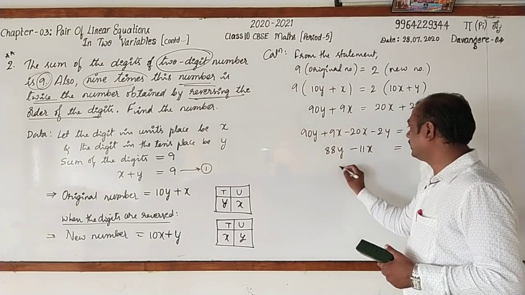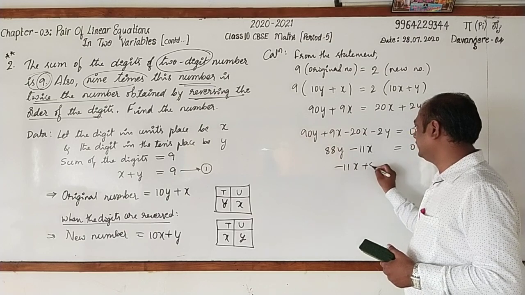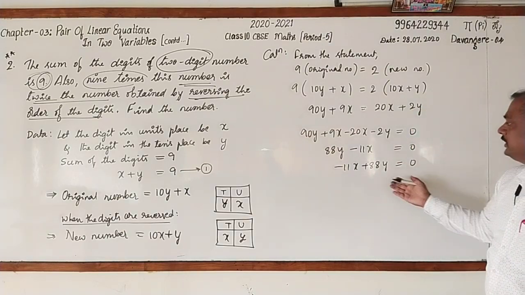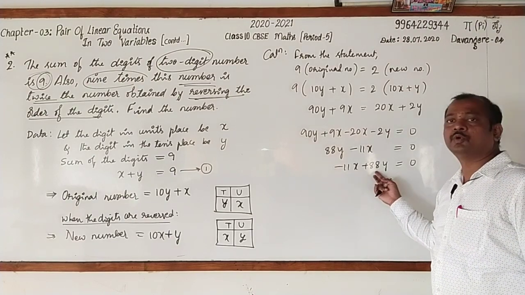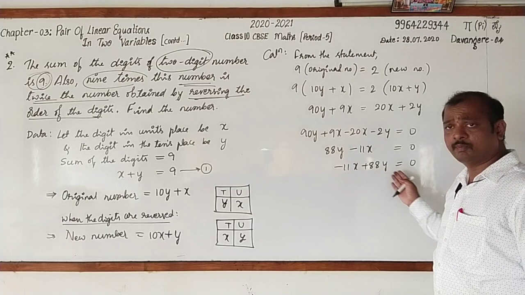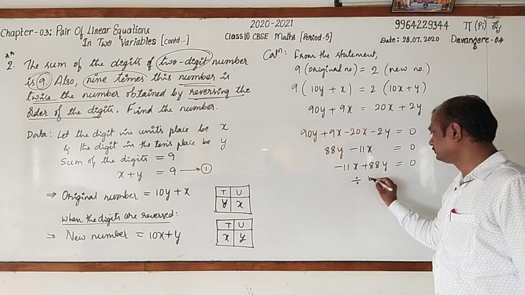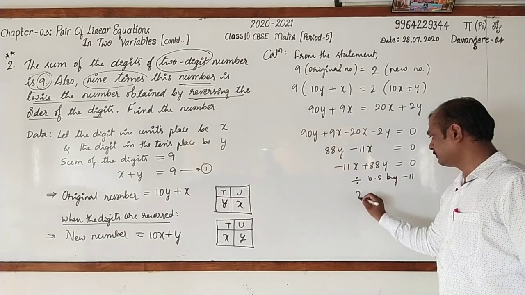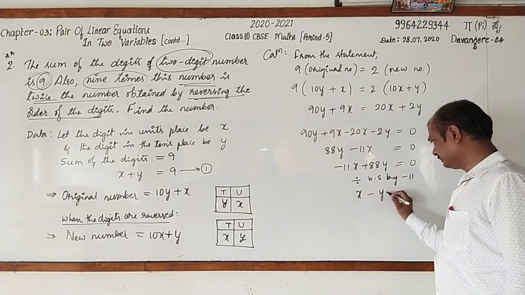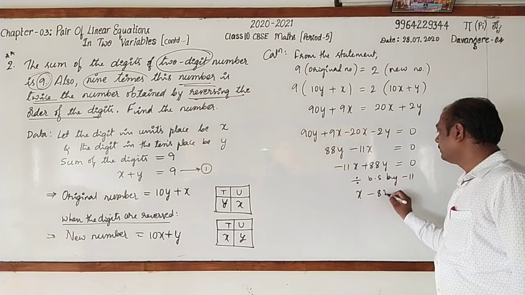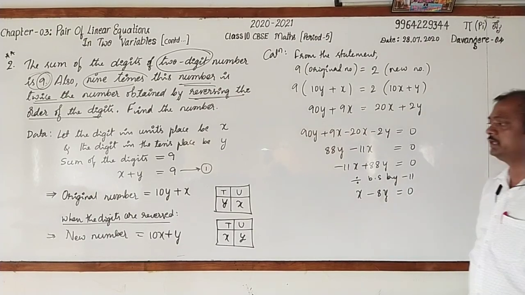Now I'll write it in order: minus 11x plus 88y is equal to 0. You can write it in simplest form because both are multiples of 11. Divide both sides by minus 11. This will be x, and 11 8s are 88, so minus 8y is equal to 0.